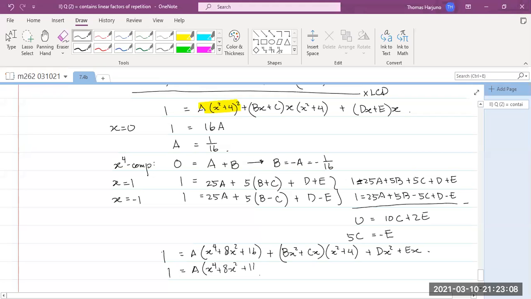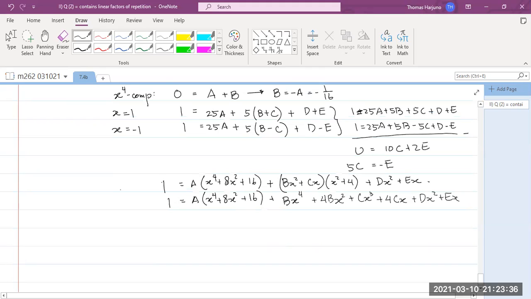Is it right? Yeah, so that's bx to the 4th and then 4bx squared plus cx cubed. Oh yeah, you're right. Plus 4cx plus dx squared plus ex. Okay, so yes, we already get the x to the fourth component.